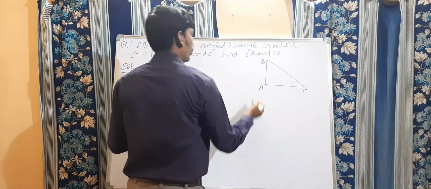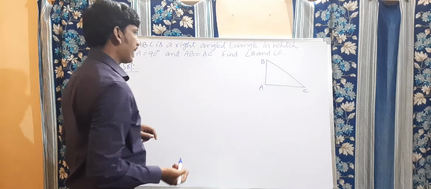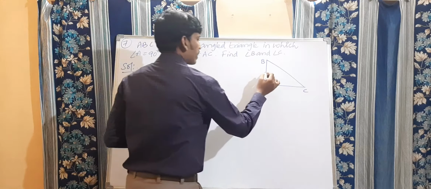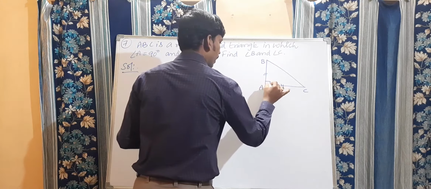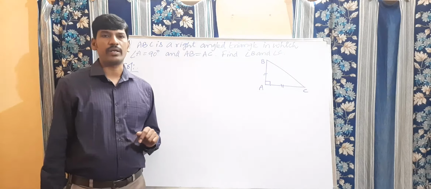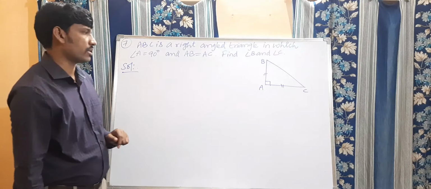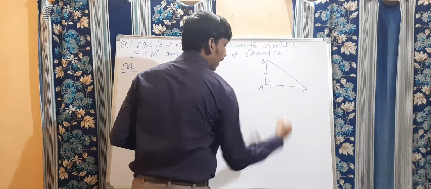We need to find out angle A, angle B and angle C. In this, AB equal to AC they given. By observing, ABC is a right angle isosceles triangle. Such that AB equal to AC, then angle B equal to angle C.